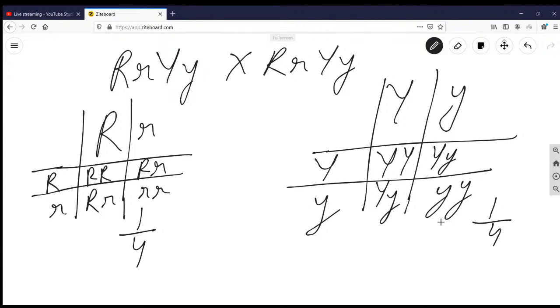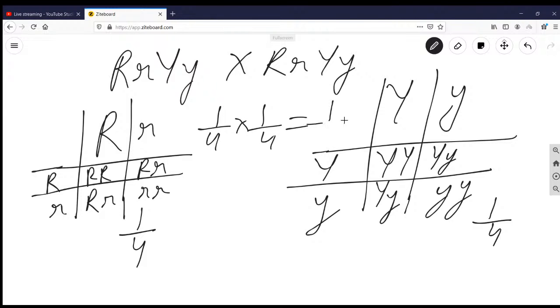So law of multiplication of probability. That means the probability that events A and B both occur is equal to the probability that event A occurs times the probability that event B occurs, given that both are independent events. So I can just multiply 1/4 into 1/4.